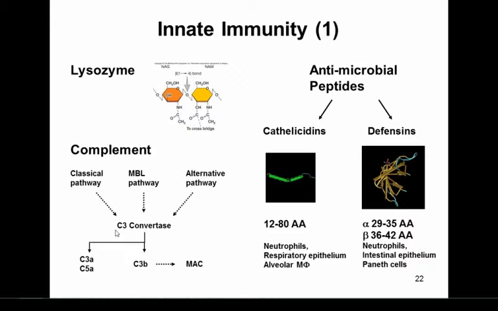Now, you might think, why doesn't this destroy all of our own cells? Why don't we get complement all over the place if it's already becoming activated? That's because there are proteins in your blood which are negative regulators of the complement system, specifically protein H. So this is the membrane of a cell in your body. We have a lot of glycosylation, and specifically sialic acid, which bacteria do not have.